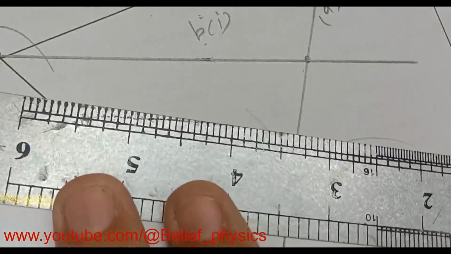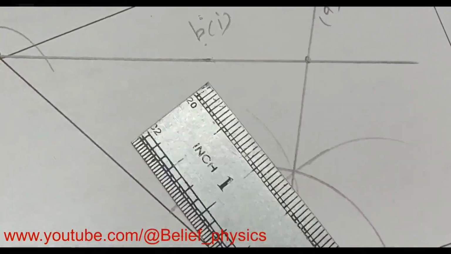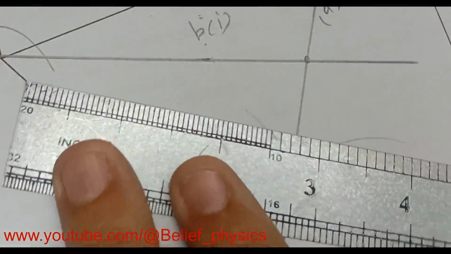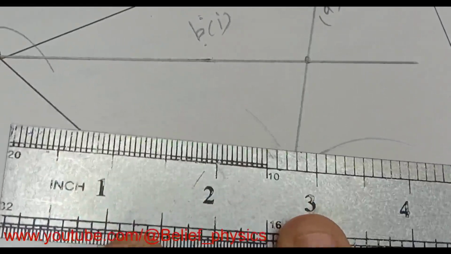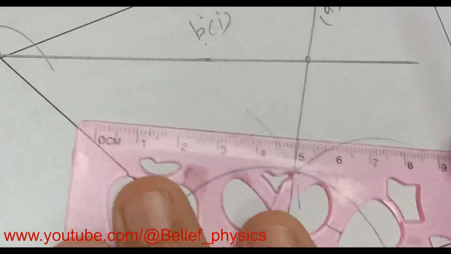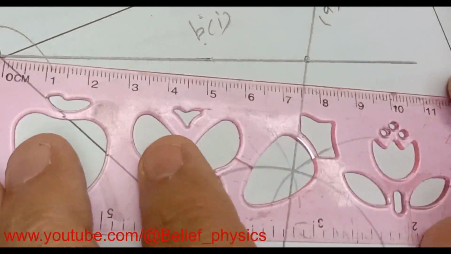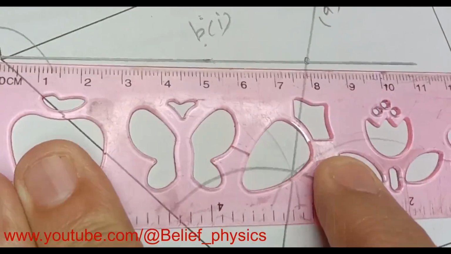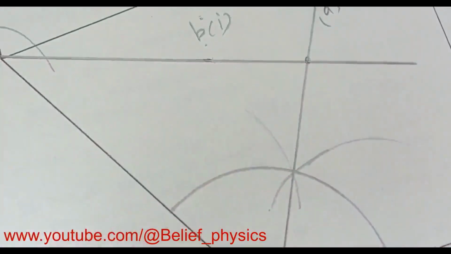I will measure this length in centimeters, then multiply with 20 to get the actual length, because 1 centimeter represents 20 meters. From here up till here it is 7.9 centimeters.